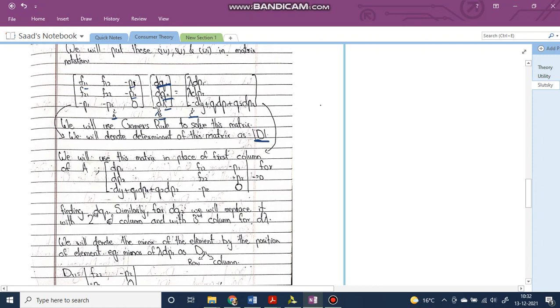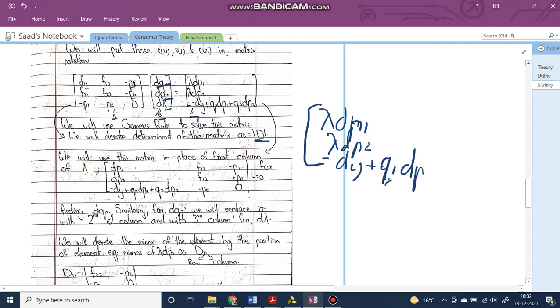When we replace it, we will get d lambda dp1, lambda dp2, then minus dy plus q1 dp1 plus dp2 q2.